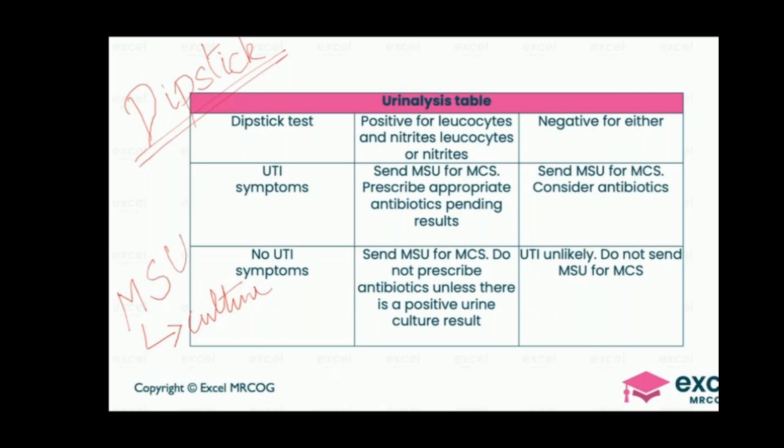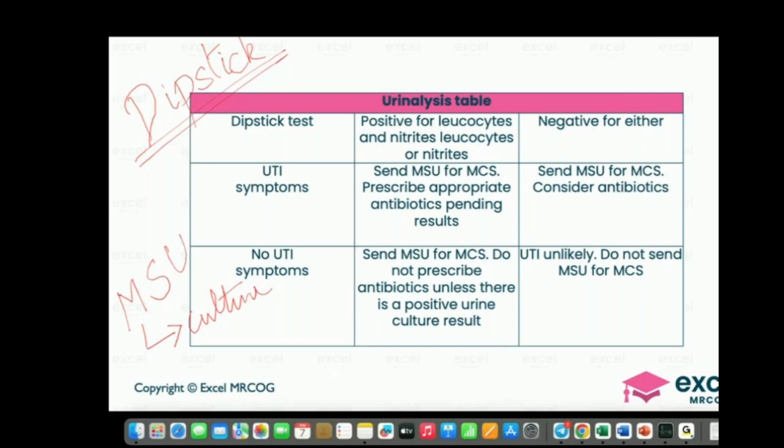So if it is not UTI symptom, what was the next step? If she is positive for both leukocytes and nitrites, what are you going to do? Send for culture. Will you start antibiotics? If she has symptoms, yes, but in this case, would you start antibiotics? No, ma'am. This is an important concept. Yes, very good.